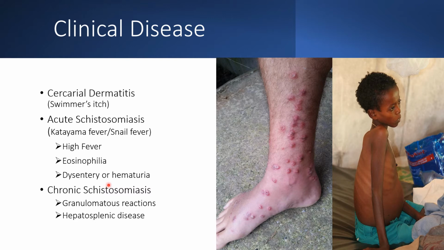After they are released into the intestinal lumen from the mesentery, there are definitely lacerations that cause bleeding. And hematuria occurs in cases of S. hematobium, where there is bloody urine present.